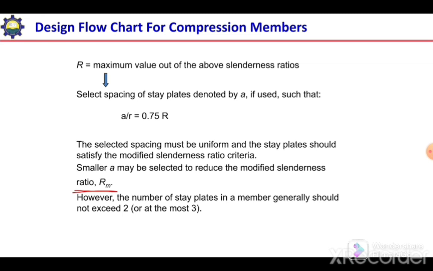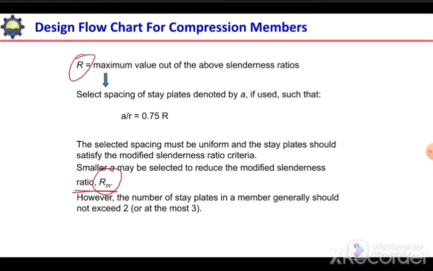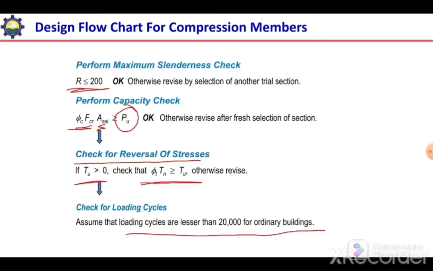And then based on the modified slenderness ratio or the highest value out of r and r modified, we need to calculate the capacity of the section. So we need to check it for global instability. It should be less than 200, and then we will calculate the capacity of the section based on that slenderness ratio, and the remaining procedure will remain the same.